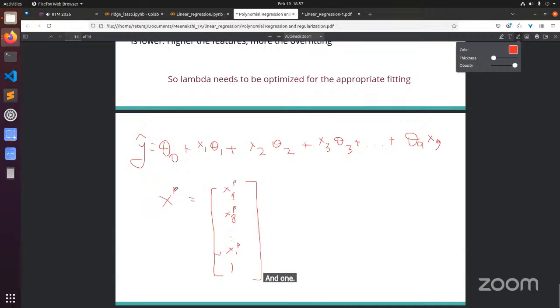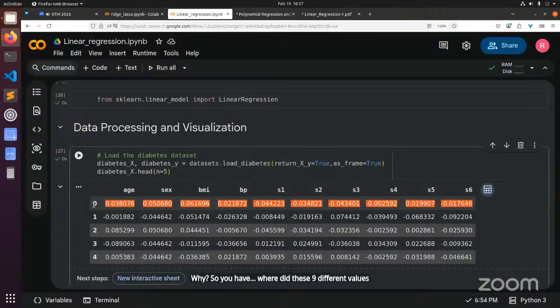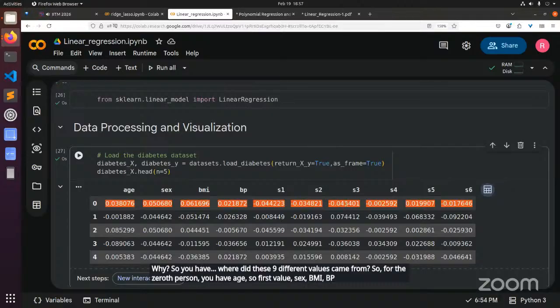So for the pth person you have 10 different values, 9 different values and 1 extra 1. Where did these 9 different values come from? For the 0th person you have age, sex, BMI, BP, S1, S2, S3, S4, S5 and S6. So there are 9 different values, right?